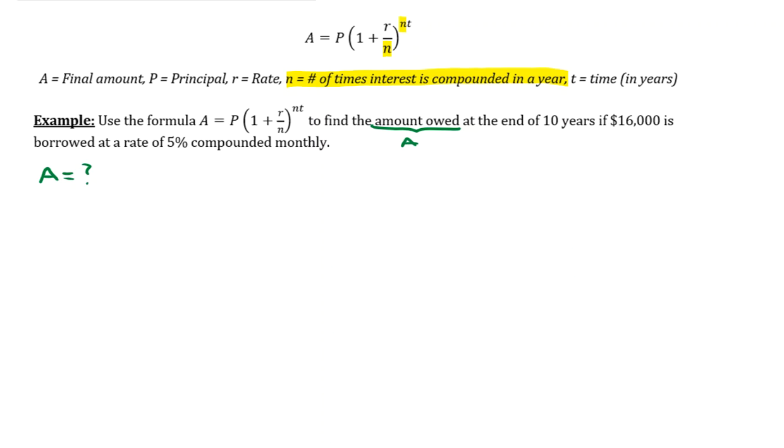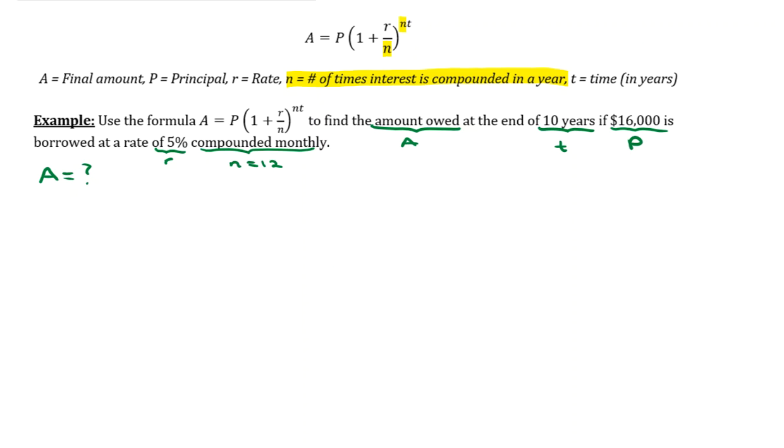But at the end of 10 years, so this is a particular value of T, if 16,000 is borrowed, so that's a starting amount, in other words, it could be serving as a principal or a value for P, and it's borrowed at the rate of 5% compounded monthly. So 5% is going to be our rate R, and compounded monthly means that interest is going to be calculated 12 times throughout each year.